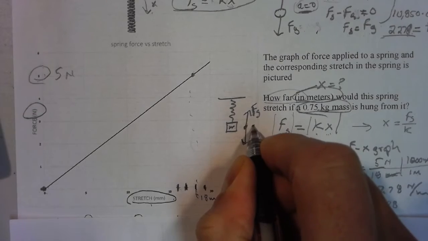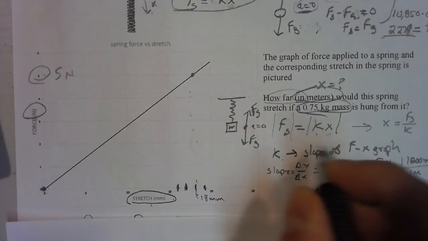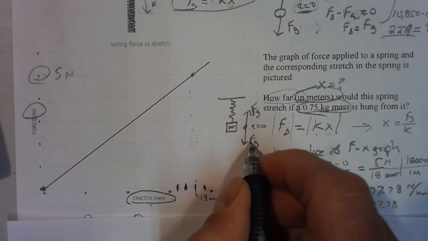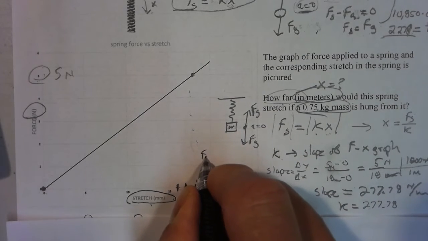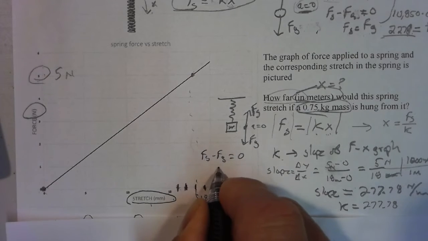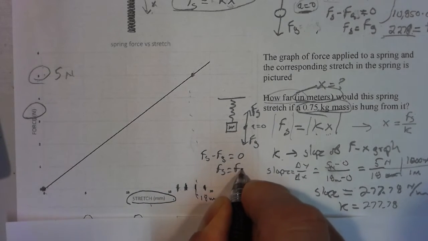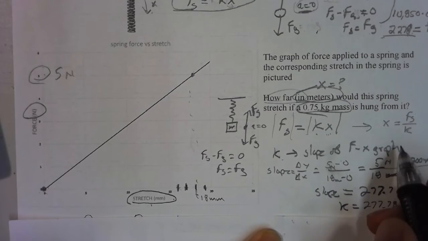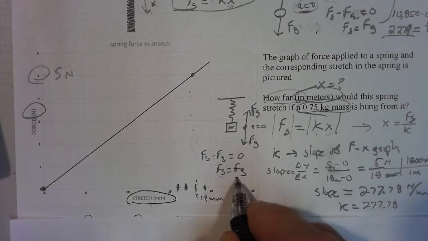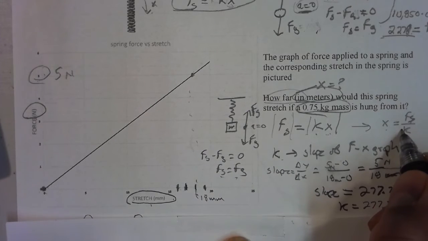It's not moving, the acceleration is 0, so as we've shown before, that spring up minus the gravity down is going to equal 0, so that spring force is going to equal the gravity. So this force of the spring I know is equal to the gravitational force on it, so I can plug that in up there.